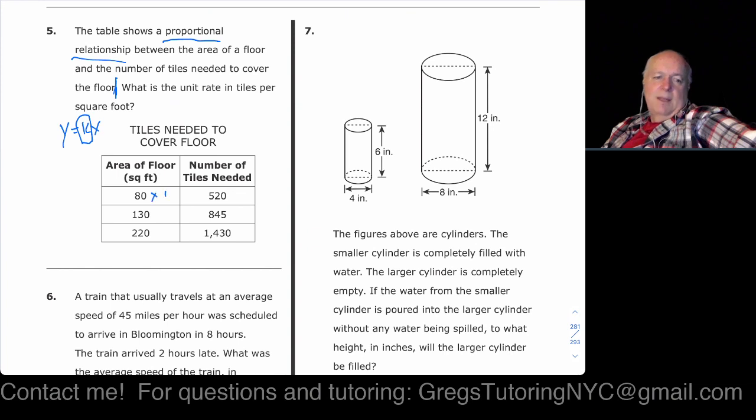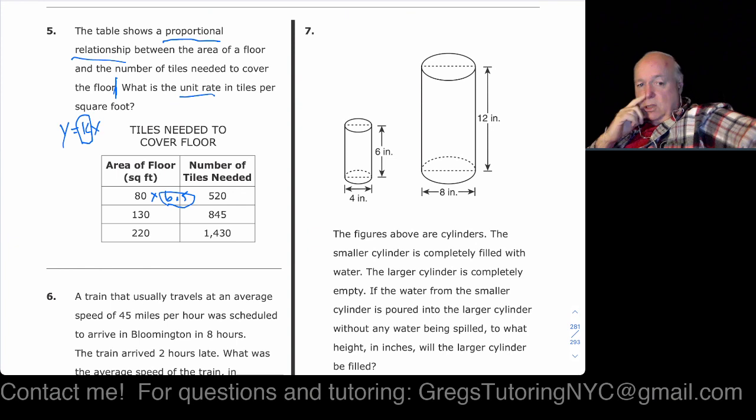I have 480, and 480 from 520 is 40. So I can see straight up that this is 6.5 times. I can't see that as easily by multiplying 130 by 6.5 or 220 by 6.5, but it appears to be the case, right? 480 plus 40 is 520. So that's k right there. And then they ask, what is the unit rate? Well, that's it. That's the answer already. The answer is 6.5.